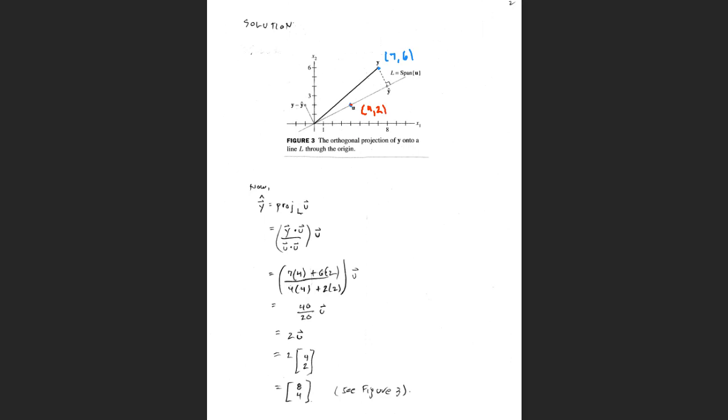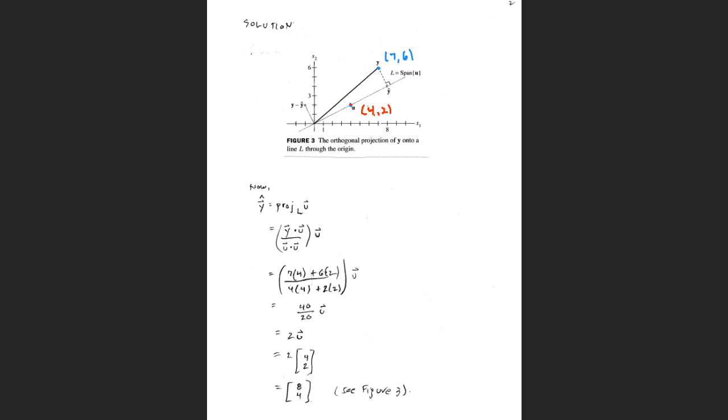Now, what we're trying to do here, let's try to clean this up a little bit. Let's make this look good. Yeah, that has coordinates 4 and 2.